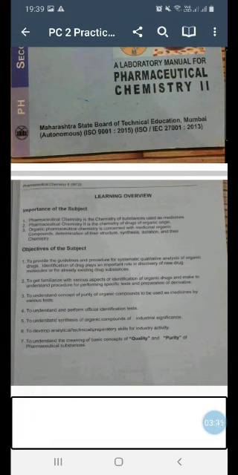Then another word is qualitative analysis. When we talk about analysis of any given compound, generally two or three words you will come across. One is called qualitative analysis, another term is quantitative analysis. Sometimes the word semi-qualitative or semi-quantitative is used. So what is the difference between these three? Analysis you will call qualitative whenever the quality parameters or quality aspects of that compound are checked or given much more importance.